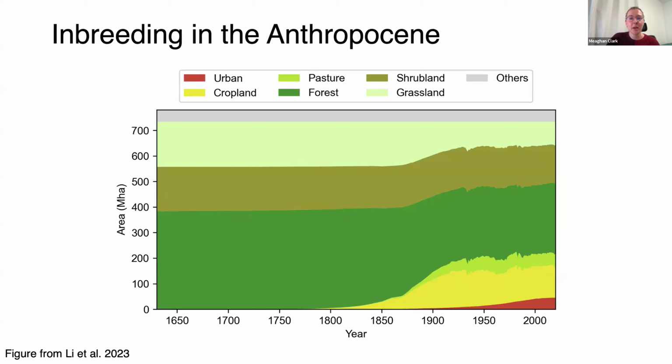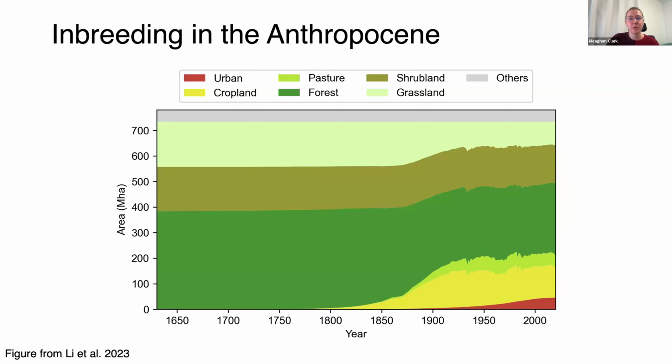Studying inbreeding is becoming increasingly critical in the modern world because of wide-scale human land use changes. As an example, from 1850 to 1920, cropland in the conterminous United States expanded by 1.15 million square kilometers, which is about the size of California and Texas combined.